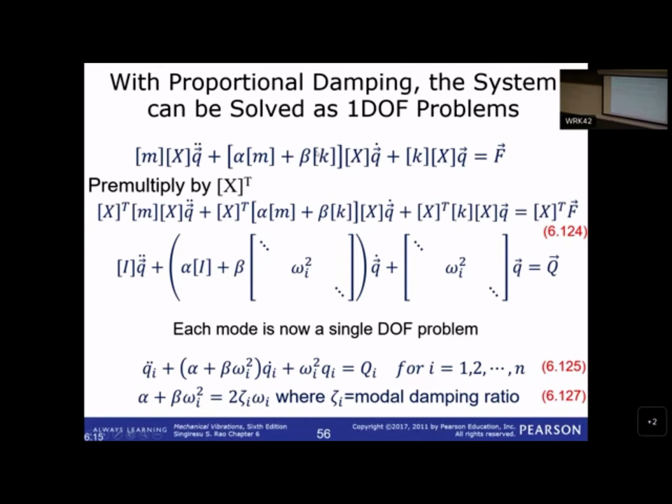So beta is 0.3. And so we get 0.3 times omega squared.